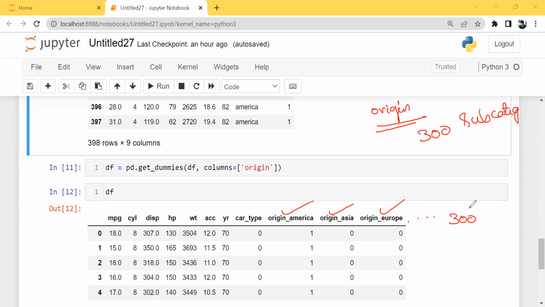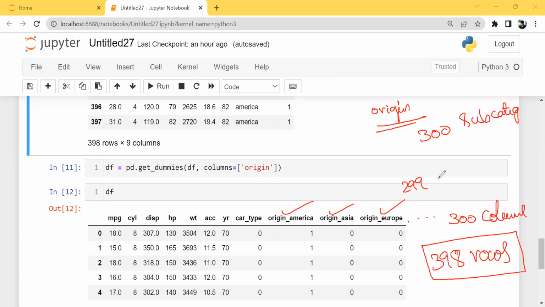So you end up creating some 300 additional columns, and we only have 398 rows. Do you think these 398 rows can explain the relationship between 299 independent columns and one dependent column? No.